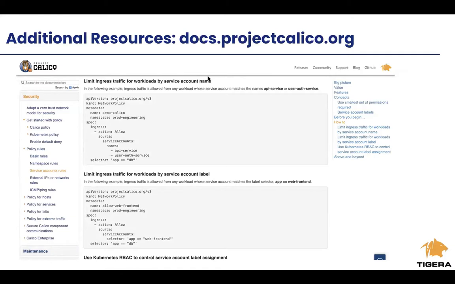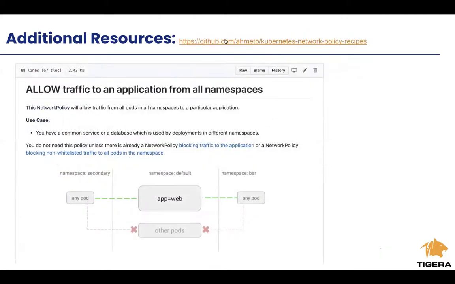So in terms of additional resources, if you head to docs.projectcalico.org, there's plenty of really thorough examples of different use cases and some examples for the policy definition that can help you as you're learning more about policies. So keep an eye out for that resource, as well as this other cool GitHub repo.